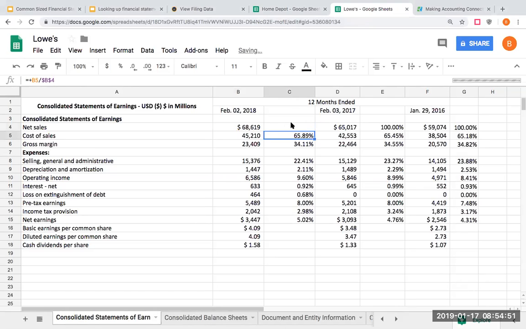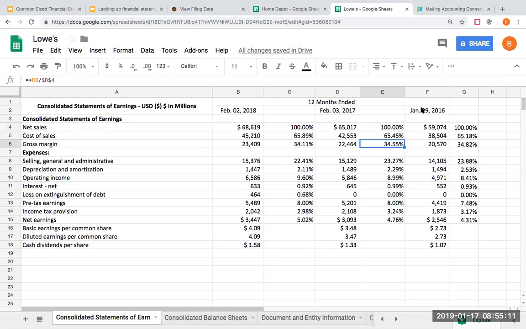After I've done this, I copy and paste it all the way down, and I did it here for the past 3 years.